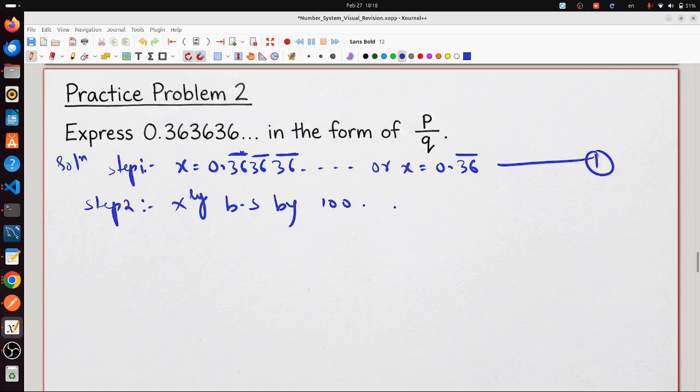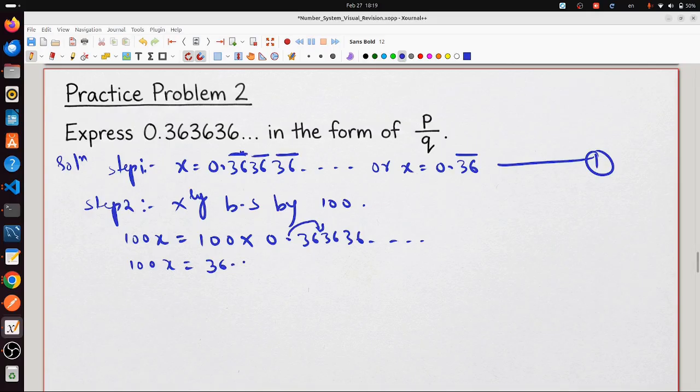Multiplying both sides by 100, what will we get? 100x equal to 100 into 0.363636 dot dot dot. If you further simplify this, the decimal will shift 2 places because we are multiplying with 100. What will happen? 36.363636 dot dot dot. We need to take this as equation 2, right?